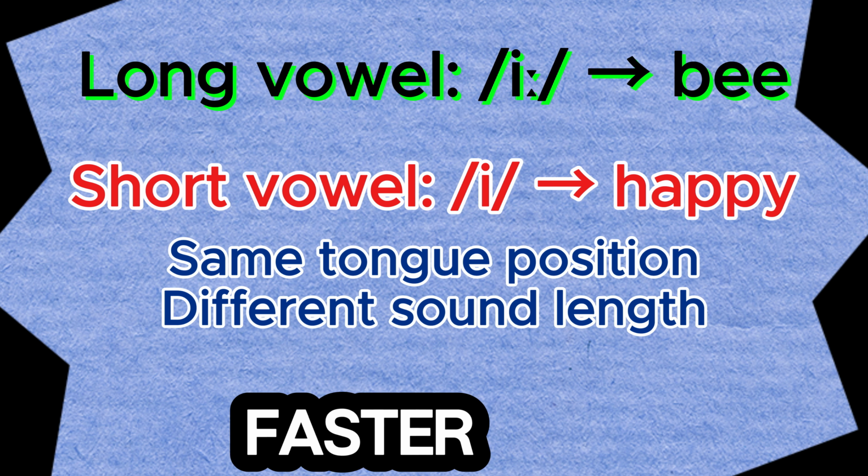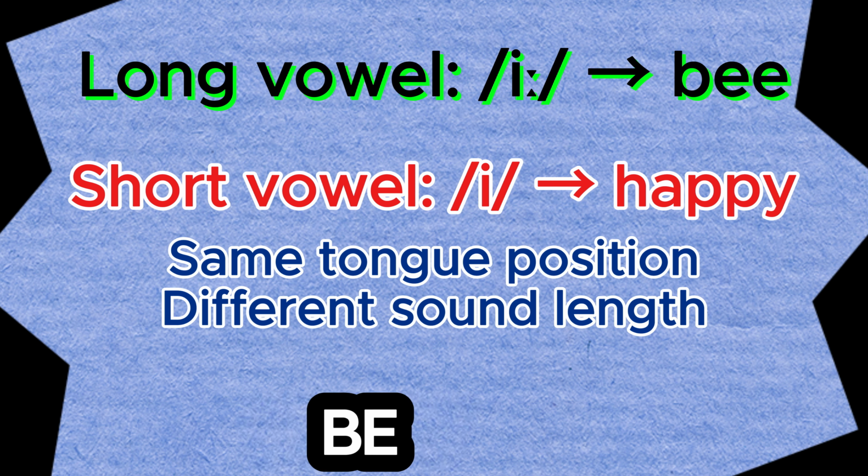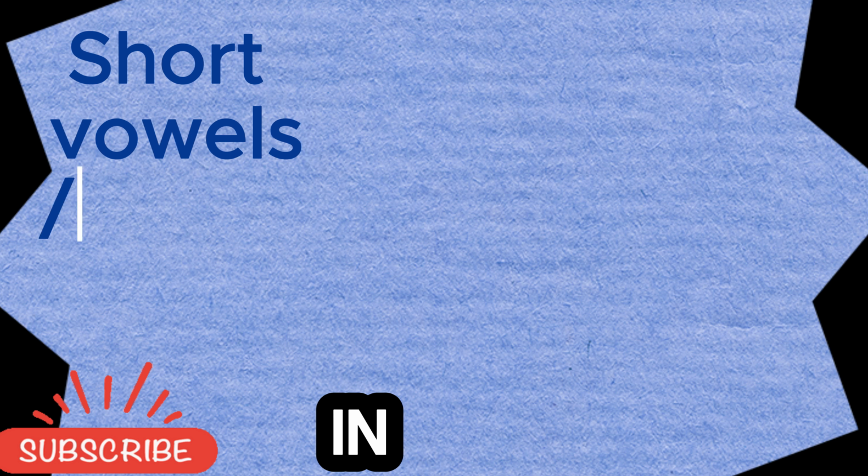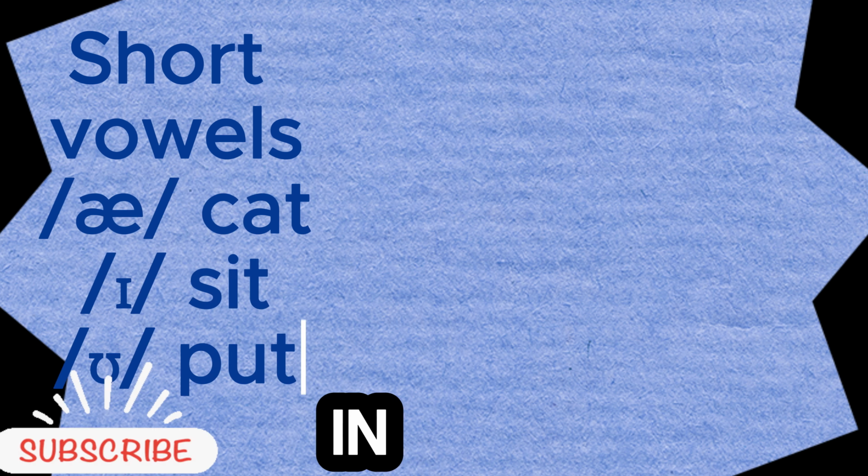Now faster. Bee, happy. Now, let's practice more short vowels. Listen carefully. a, as in cat. i, as in sit. u, as in put.